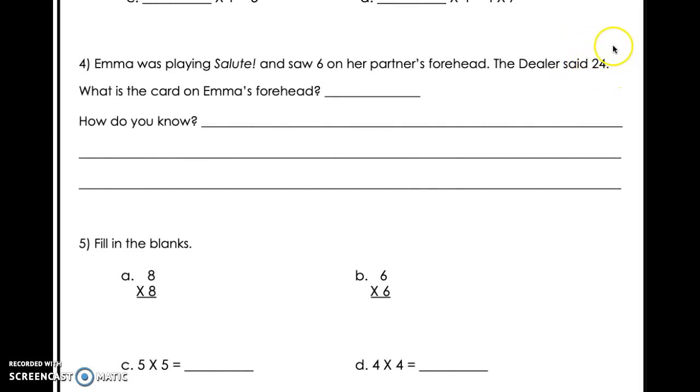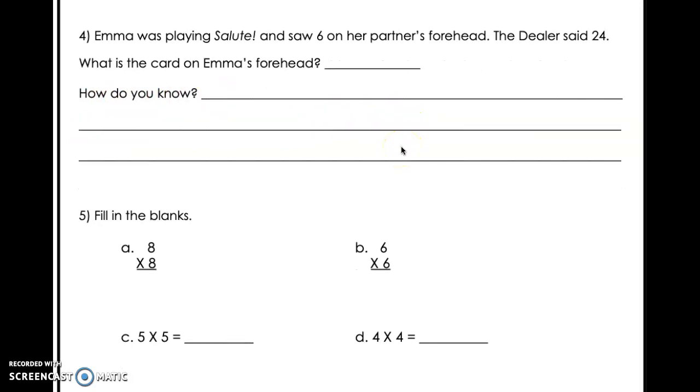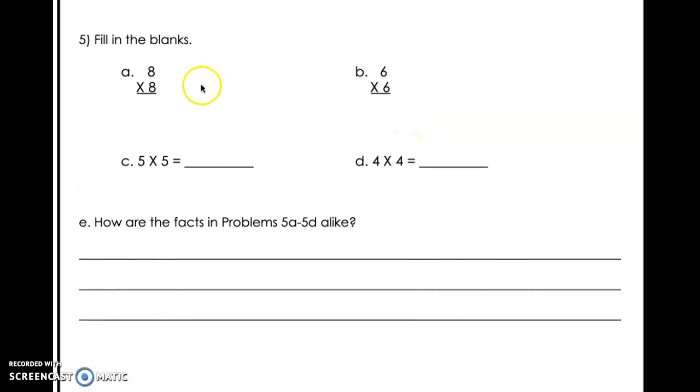So this is the product. So 6 times what is 24? So what do you times 6? How many 6s make 24? If you think about it, you should have put 4. How do you know? Because 6 plus 6 plus 6 plus 6 equals 24. That's how we know.